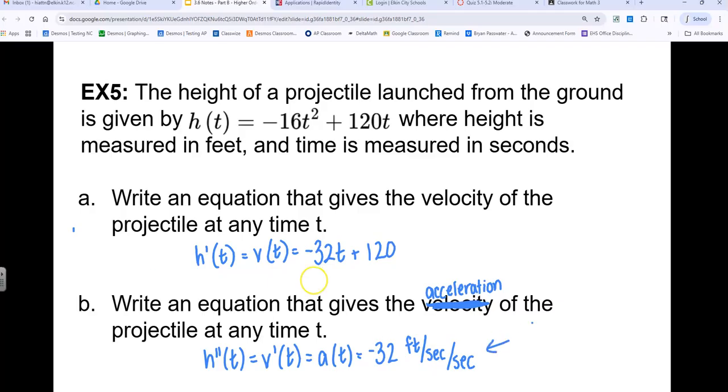This is your acceleration due to gravity on Earth, which is constant. That acceleration due to gravity is always negative 32 feet per second per second. And that's actually the right number for that.